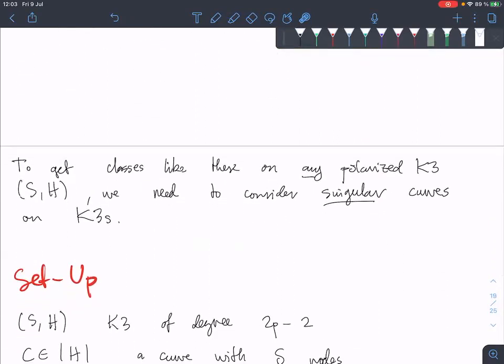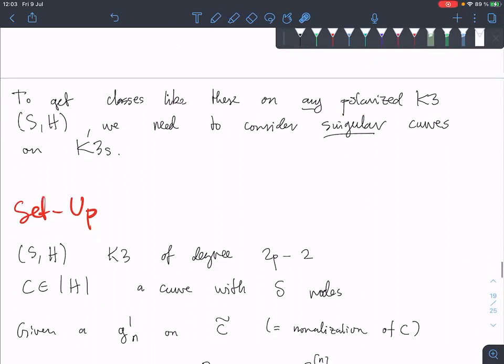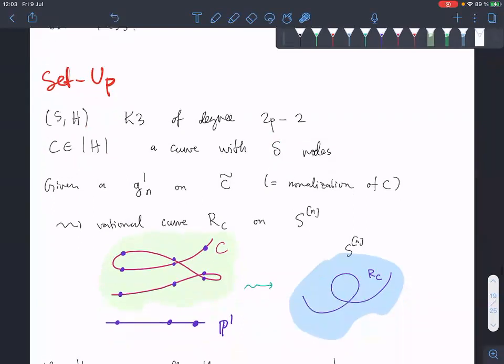So this doesn't always work. To get classes on any polarized K3 surface, we need to consider singular curves, not just smooth genus 2 curves. The setup is as follows. If you take a K3 surface of higher degree, you take a curve in the polarization which has delta nodes.